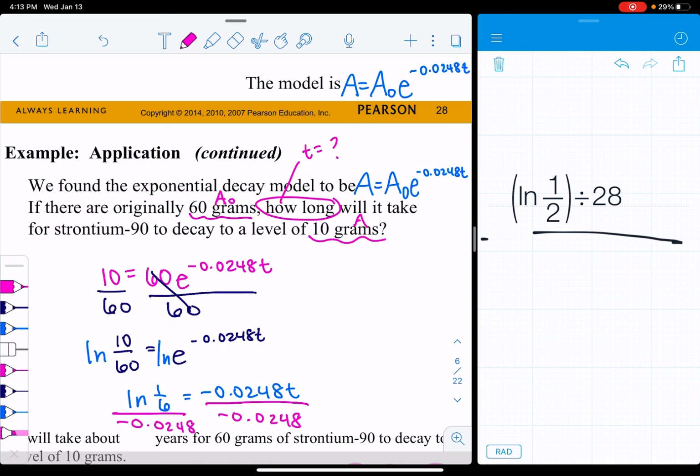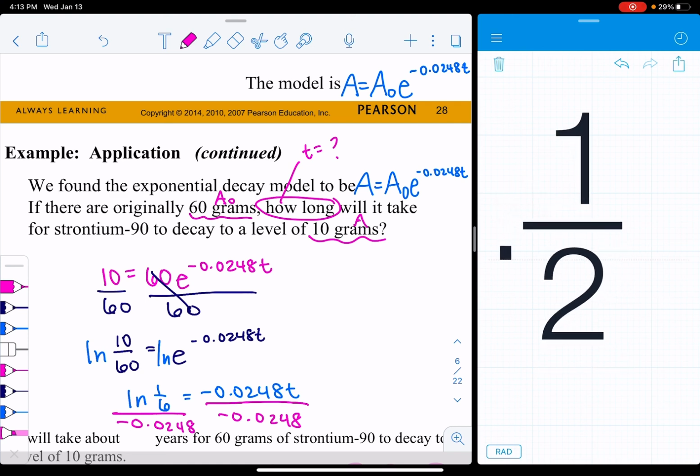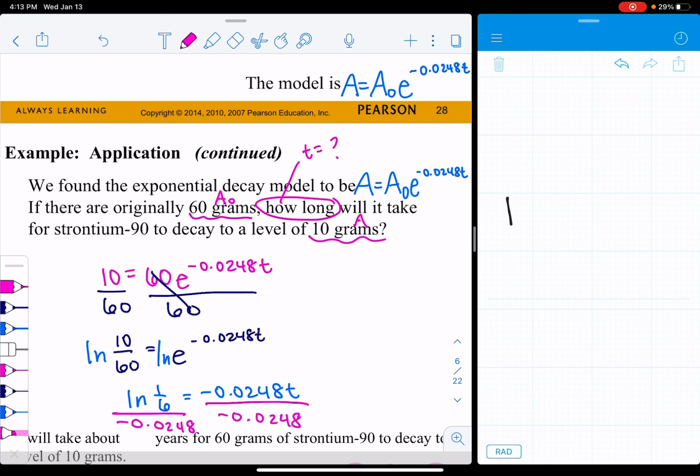So that means we are going to have the ln of 1/6. Let's see if I can't. Nope, it's not going to let me do it. All right, ln of 1/6. We need to take that and divide it by our negative 0.0248.